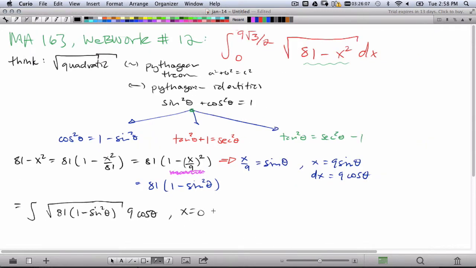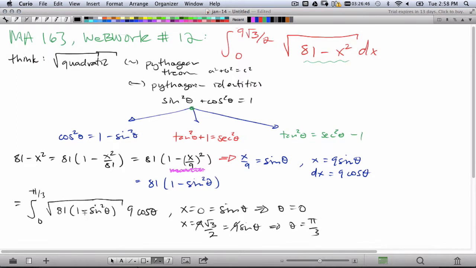When x is equal to 0, that means sine of theta is equal to 0. Sine is equal to 0 at 0. When x is equal to 9 root 3 over 2, that means 9 sine theta is equal to that, and so we cancel the 9's, where sine equals root 3 over 2, and that's at pi over 3. So the limits of integration are 0 and pi over 3.